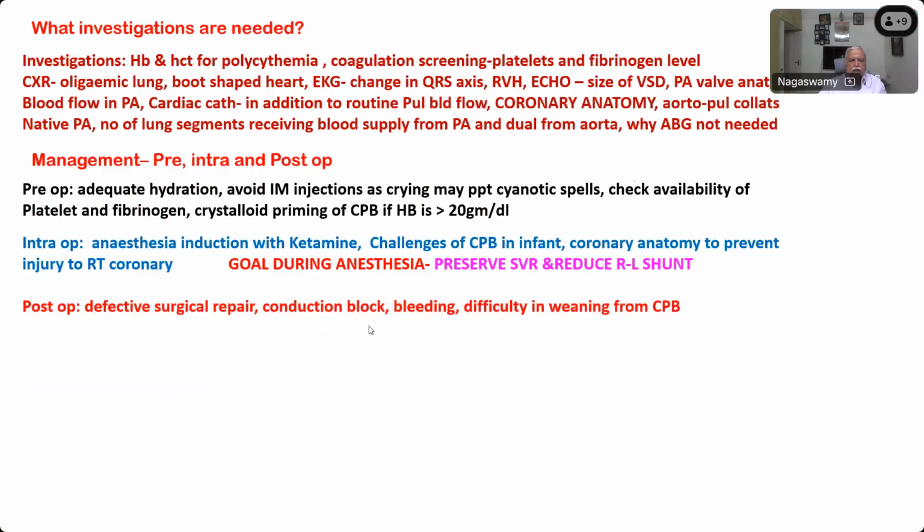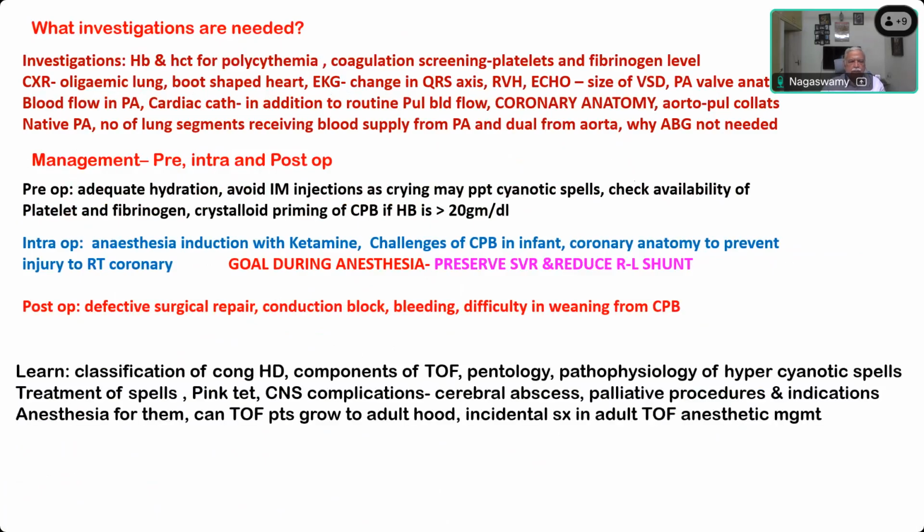And again, you can have a conduction block because there is a VSD which requires repair. Coagulation may already be affected in these children, and they may have bleeding, and you may have difficulty in weaning from cardiopulmonary bypass, especially if the right heart is already very much affected.